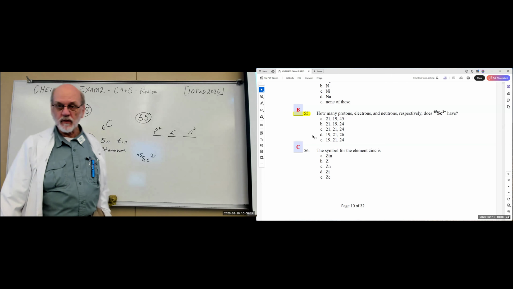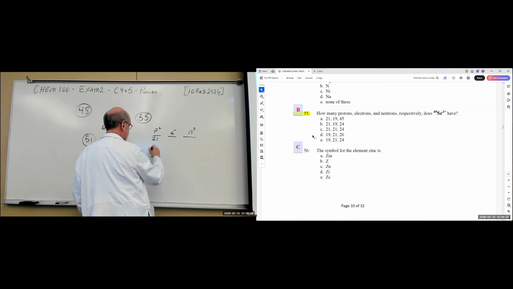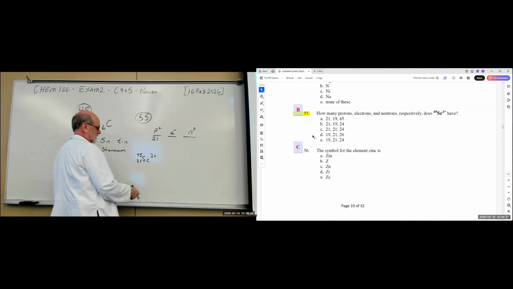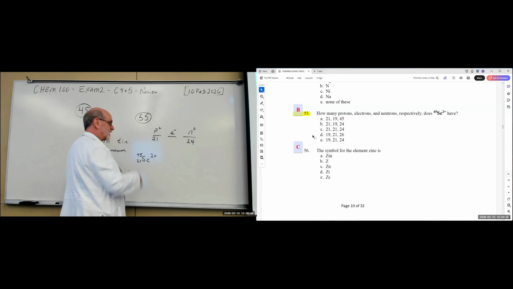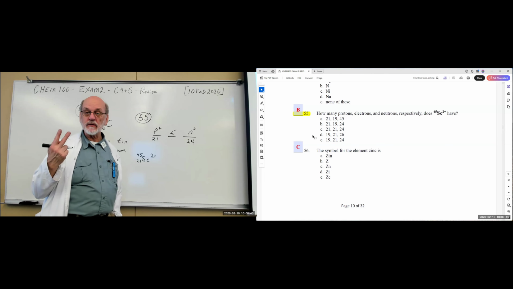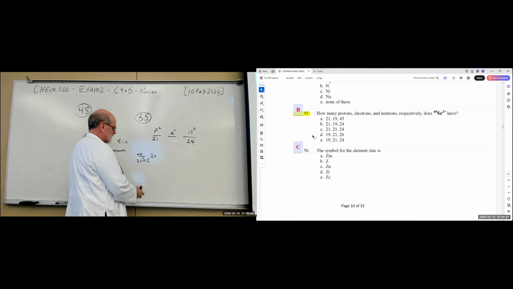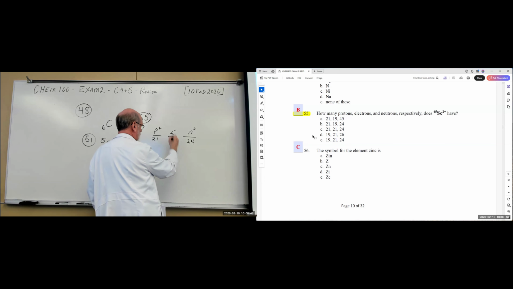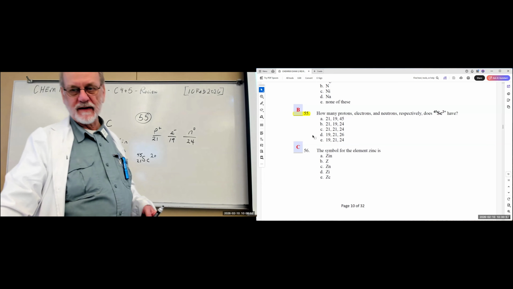Scandium has 21 protons. How many neutrons? Well, subtract 21 from 45. That's 24. Now, how many electrons? We have 2 more protons than we do electrons. That's why it's a 2 plus charge. So the number of electrons is 2 less than that. 21, 19, and 24. That's B.